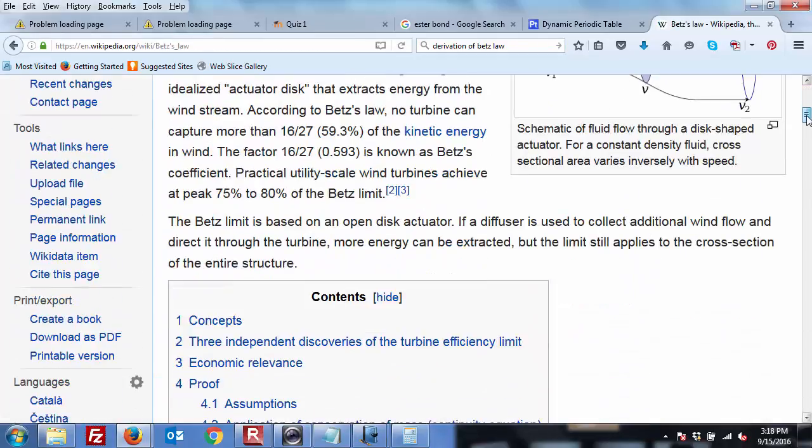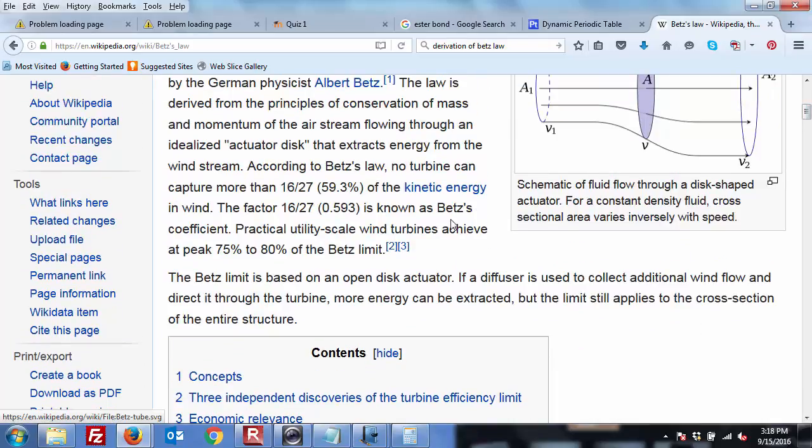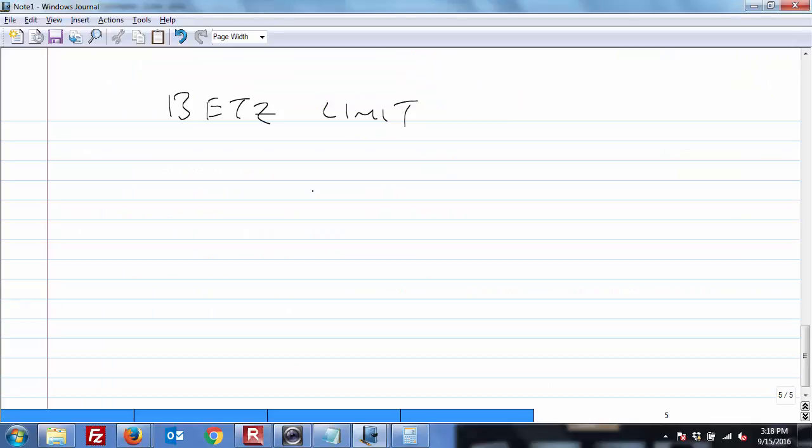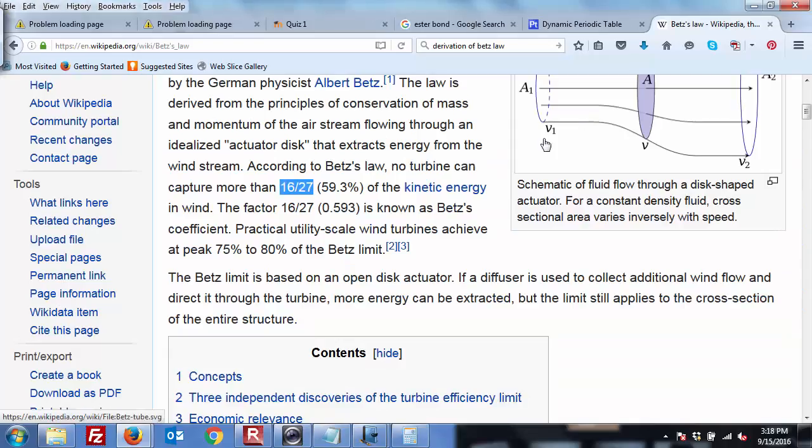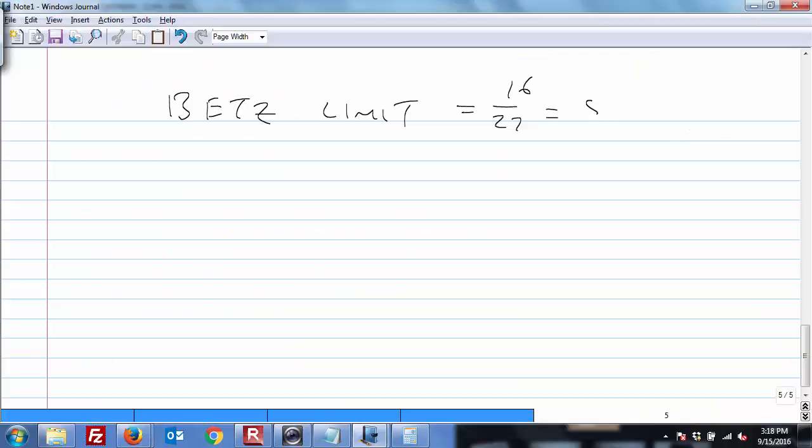I mean, we will not go through all the calculus on it, but there it is. It's 16 divided by 27. I love the fact that it's a pure fraction. So equals 16 over 27 equals 59.3.